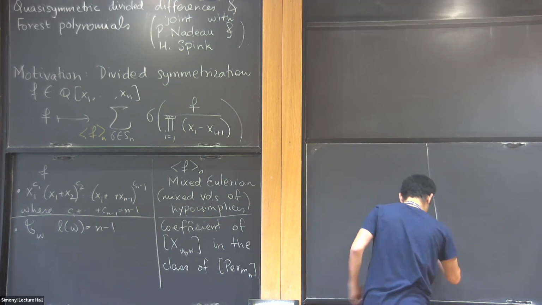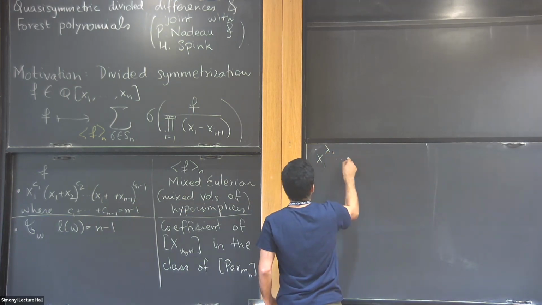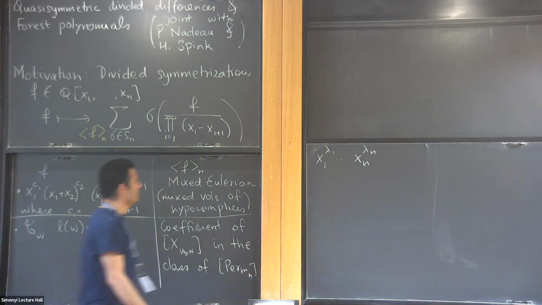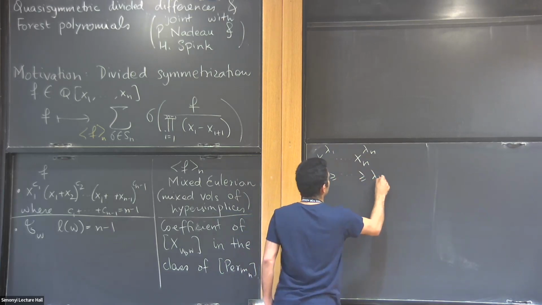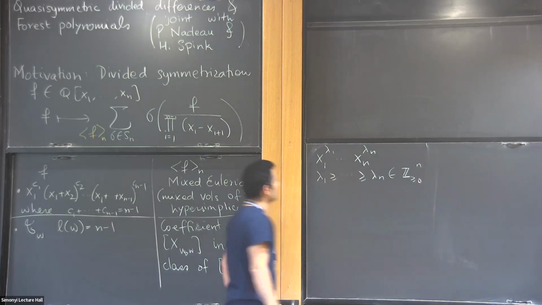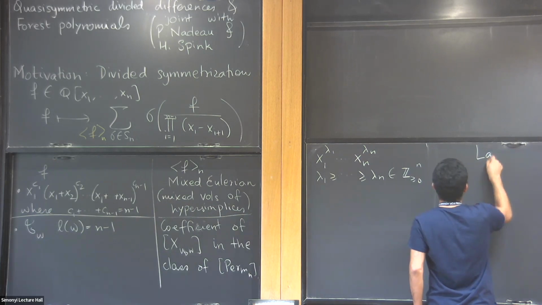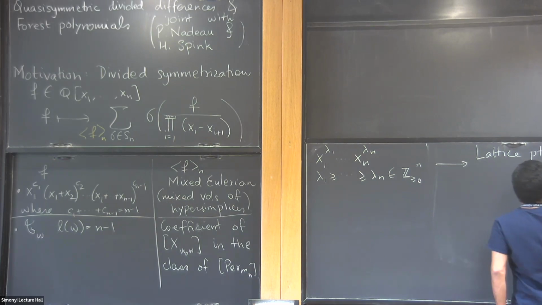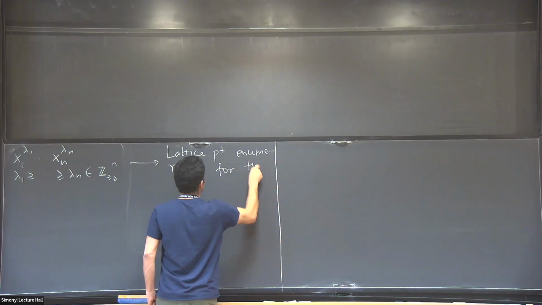So if you had a monomial, and this time I will not care about the degree constraint, if you had a monomial where the lambdas were strictly or weakly decreasing, let me pick them to be non-negative integers, then this divided symmetrization is the lattice point enumerator for the trimmed permutahedron.